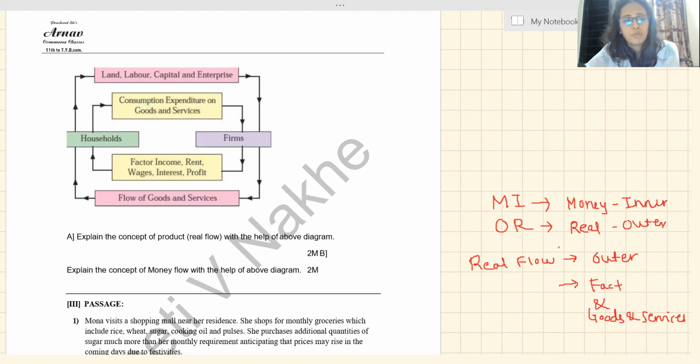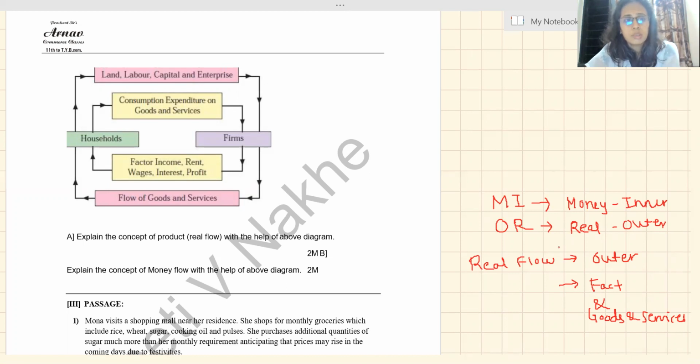Then about money flow. Inner circle, MI, the inner circle tells about the money flow. Why money flow? Because households are the owners of factors of production. They provide land, labor, capital, entrepreneur to the firms, and the firm utilizes these factors of production, and in return they make factor payments, that is rent, wages, interest, profit respectively.